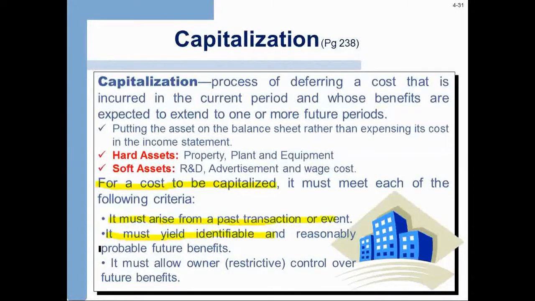We need to know what benefits we are going to get from this asset, and it must allow the owner control over future benefits. We need to have control over the asset, which means that we can decide how much we can use the asset in a year. We can produce 50,000 units, 60,000 units, 70,000 units. It is under our control. So once these 3 criteria are met, then we can record the cost of the asset in the balance sheet, or we can say that we can capitalize the cost.